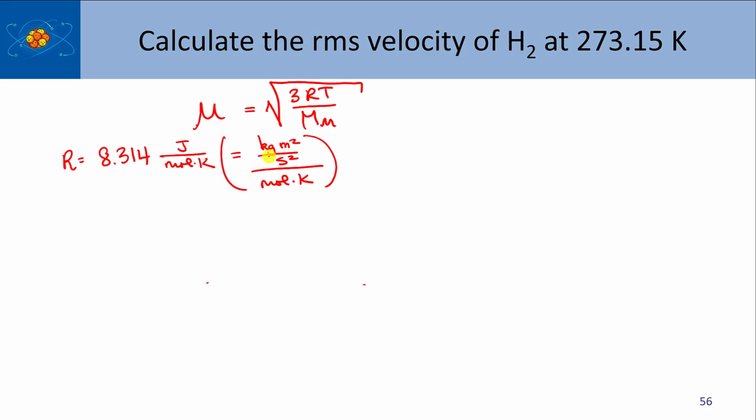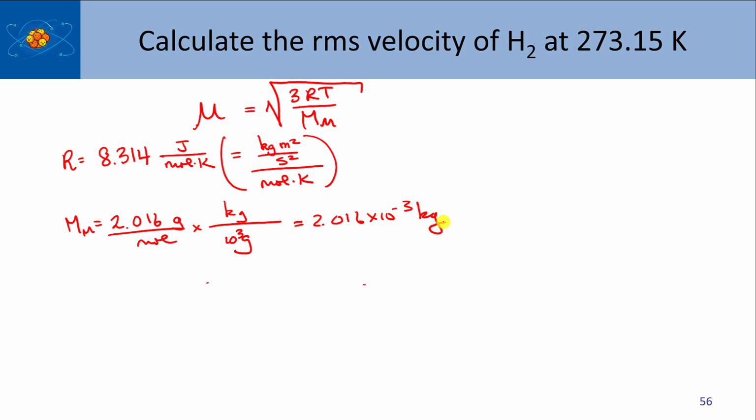My molar mass for hydrogen is 2.016 grams per mole, and I have to convert it over. A kilogram is 10 to the third grams, so it ends up being 2.016 times 10 to the minus third kilograms per mole.